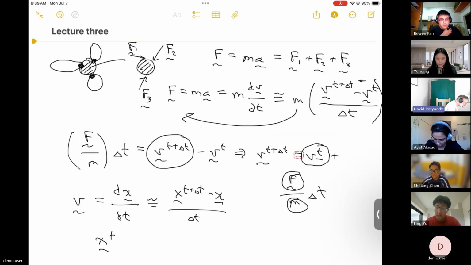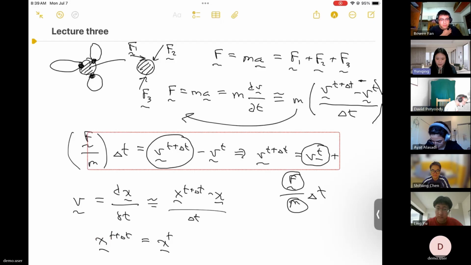The new x at t plus delta t is equal to the old x at t plus the velocity times delta t. We got the velocity from before, and now we hit it with delta t, and everybody gets a new position. Okay. This is the basic idea.